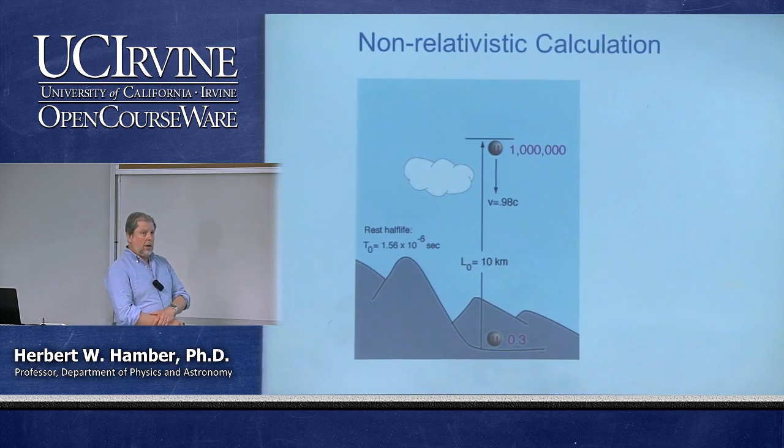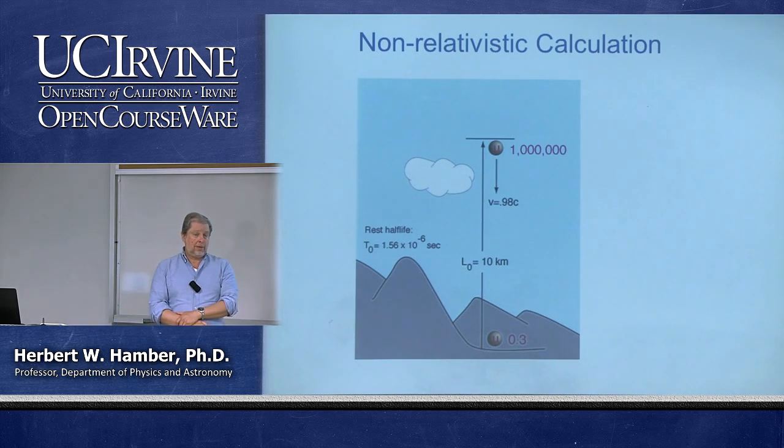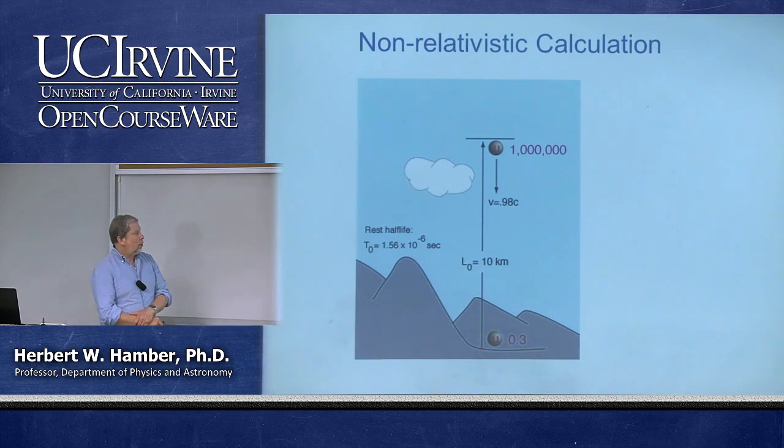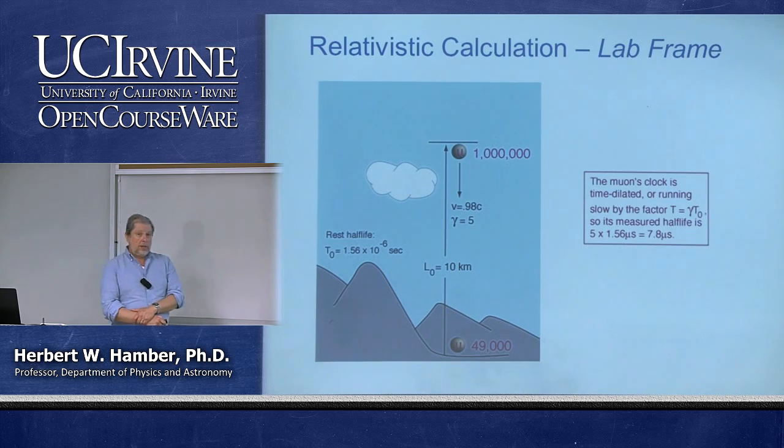You want to pick some sensible number that is easy to work with and a speed very close to the speed of light so that you have a significant gamma factor. Remember, these initial cosmic ray protons are very energetic, so the muons, as a result of this cascade process, are also moving quite fast. Now when you do the relativistic calculation, you take into account the time dilation factor, which is very significant because you get a gamma of about 5.